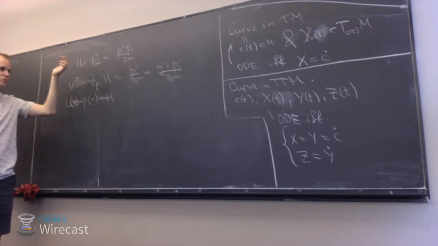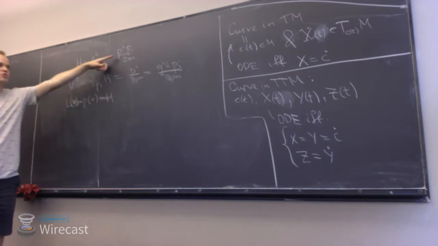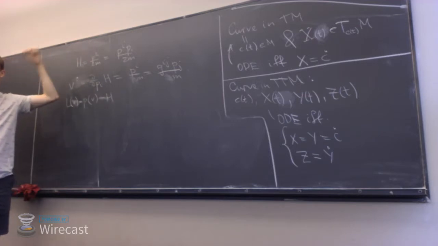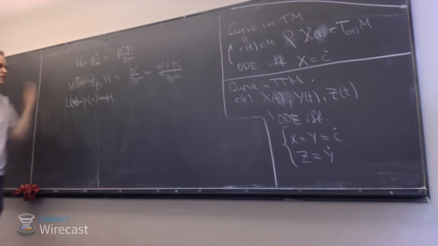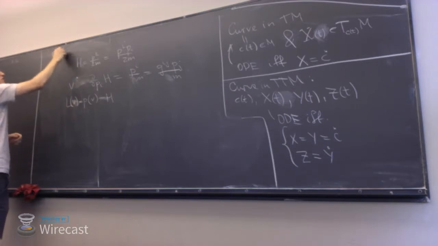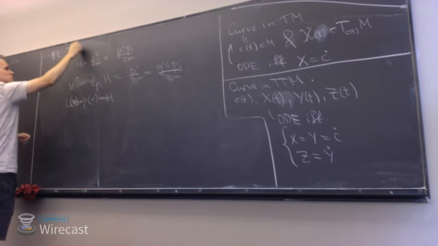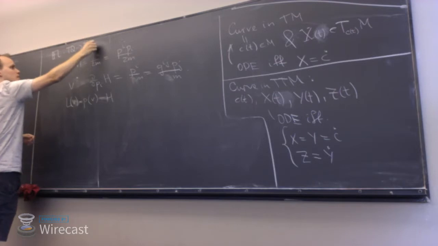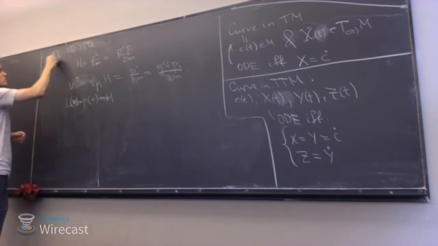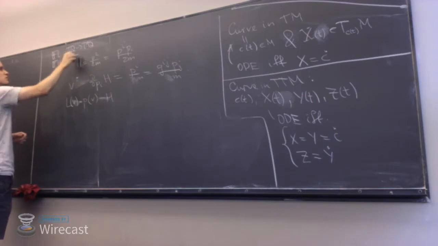We need to re-express P in terms of V, right? So we just need to basically pull back H by the fiber derivative, because the fiber derivative, let's say, of a Lagrangian is a mapping from TQ to T star Q. And backwards, the fiber derivative of a Hamiltonian goes backwards.